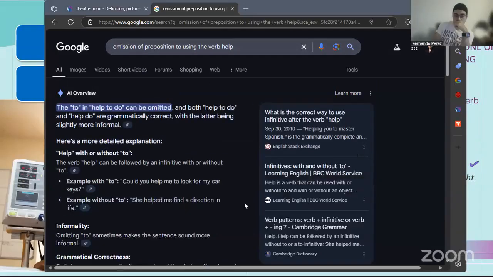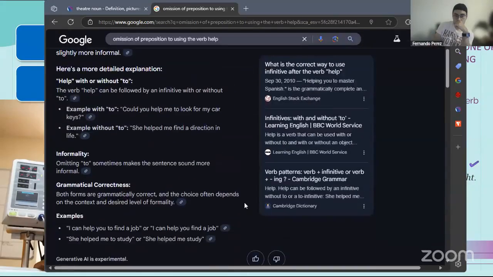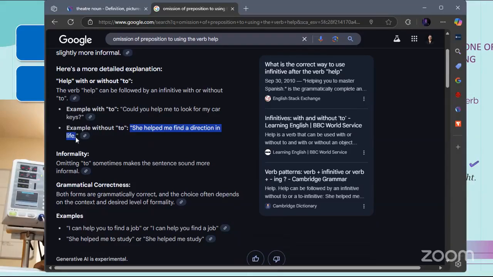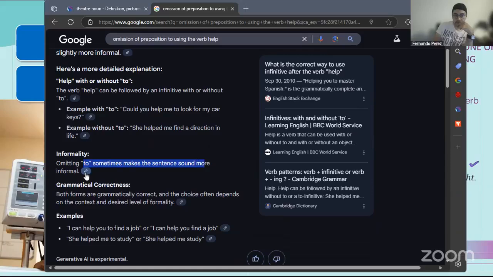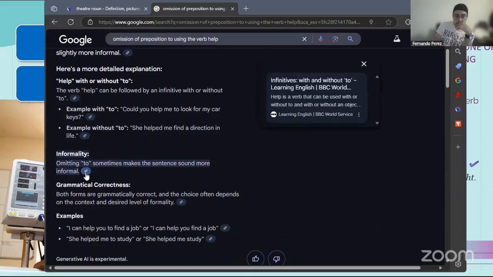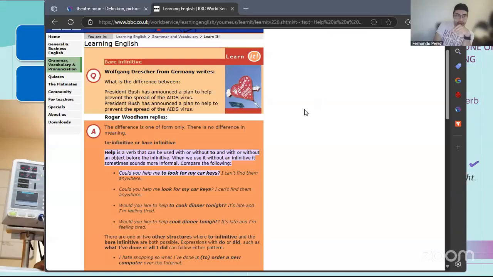She helped me find the direction in life. You see? Omitting connector to sometimes makes the sentence sound more informal. Informal is not similar to incorrect, okay? Informal means it's casual, normal conversation.